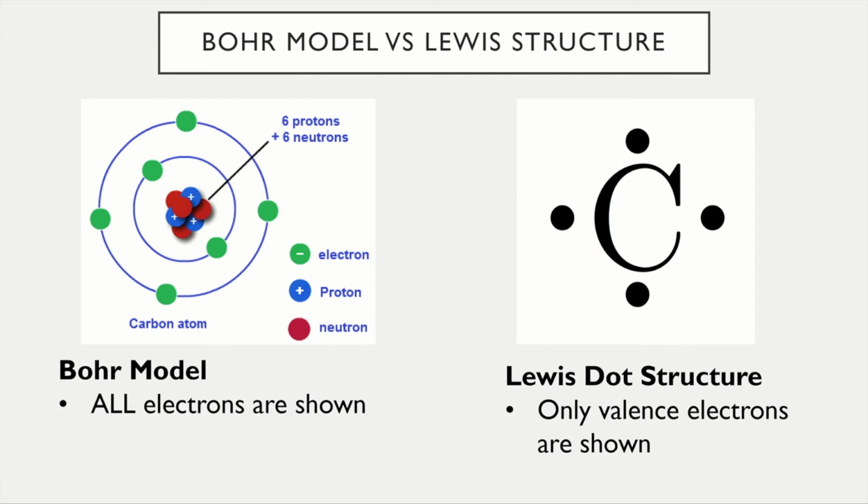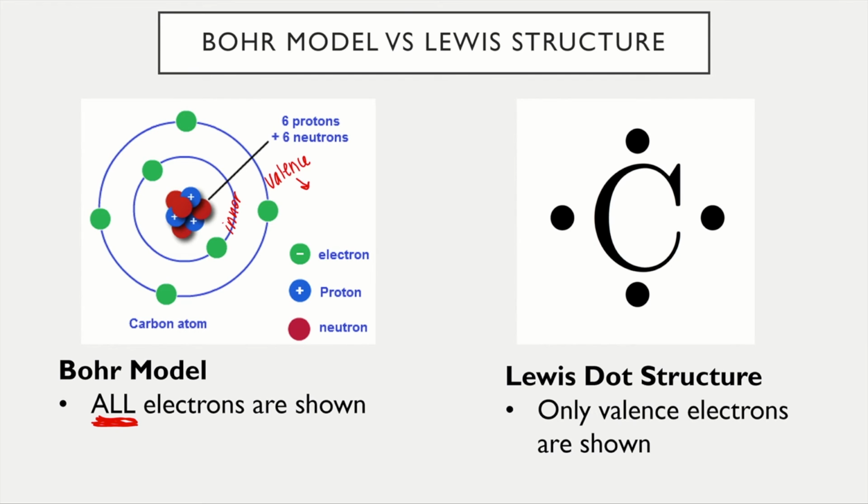So here we're looking at two different models used to represent atoms. Now you should remember the Lewis and Bohr models from the tic-tac-toe activity you did in the last unit. So we remember that in our Bohr model, this is going to show all the electrons that are found in an atom. So it'll show both the inner electrons as well as the valence electrons.